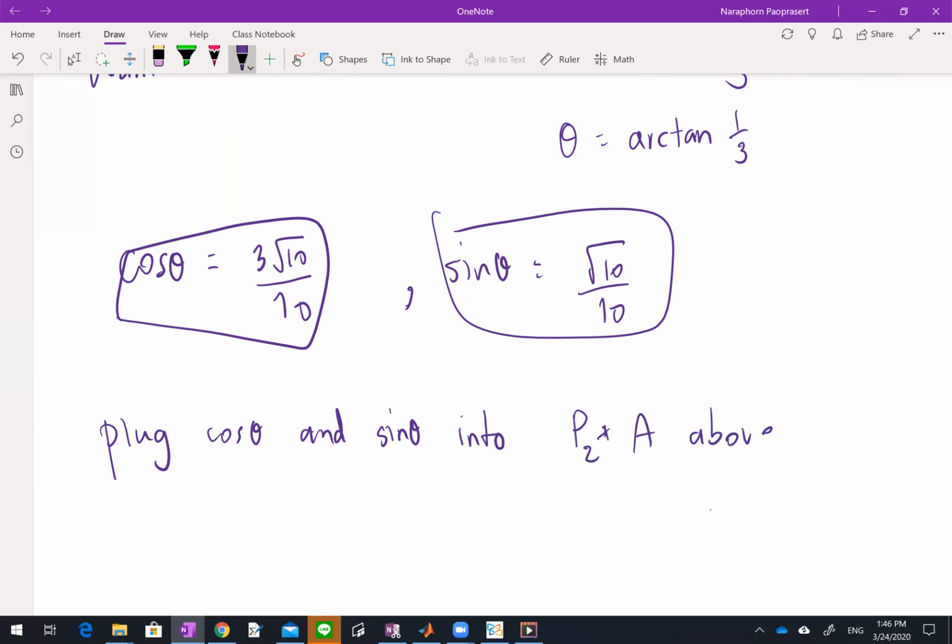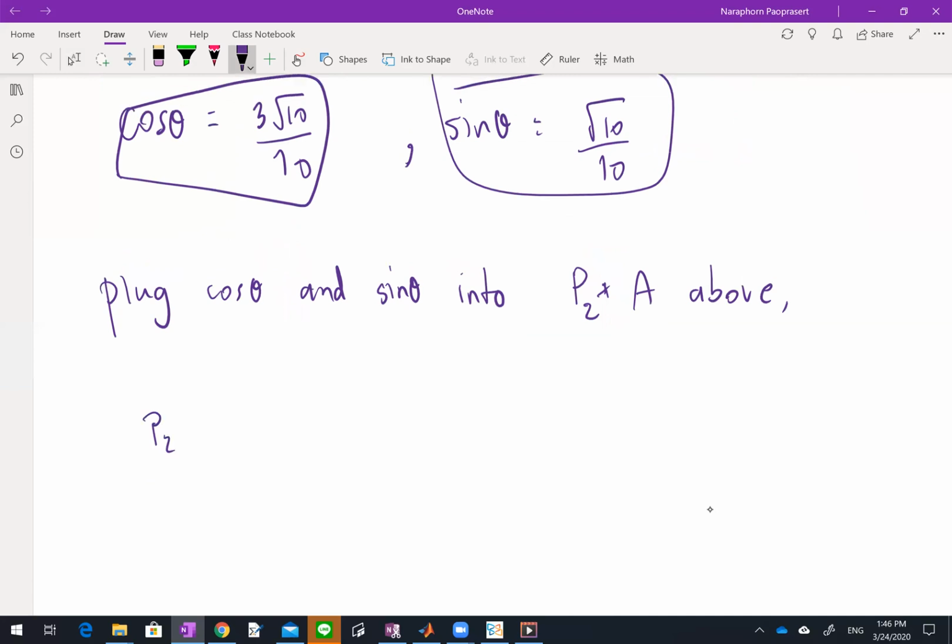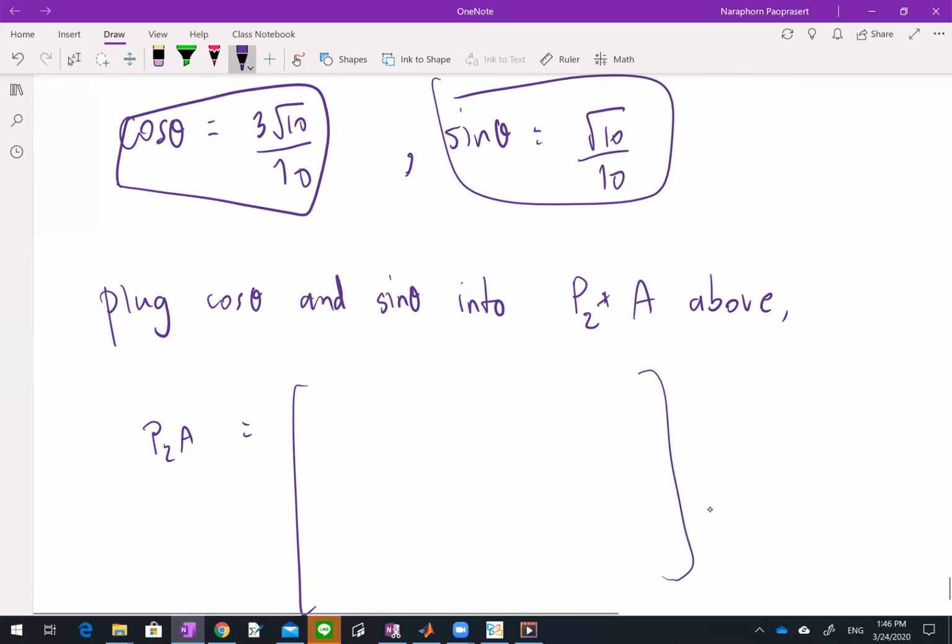So we get P2A equals square root of 10, 0, 0, 3 square root of 10 divided by 5, square root of 10 divided by 10, 4/5 square root of 10, 3/10 square root of 10, and 1 and 3.